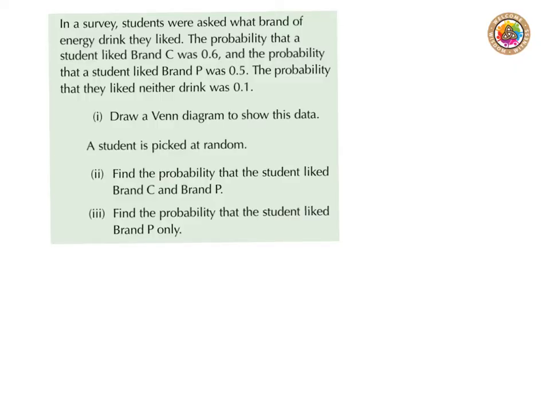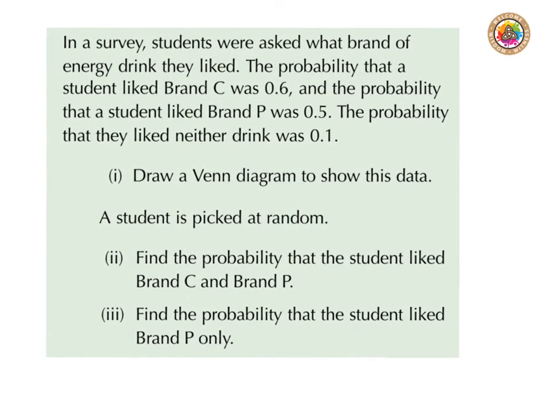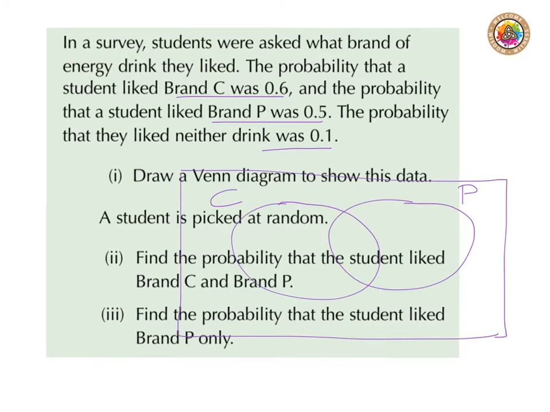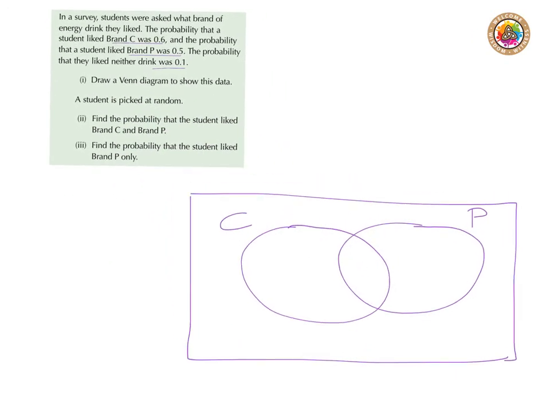So here in this question, we're asked, in a survey, students were asked what brand of energy drink they liked. The probability that a student liked brand C was 0.6, that they liked brand P was 0.5, and that they liked neither drink was 0.1. So first of all, we see that we have two different brands. Okay, so I draw my Venn diagram based on that.